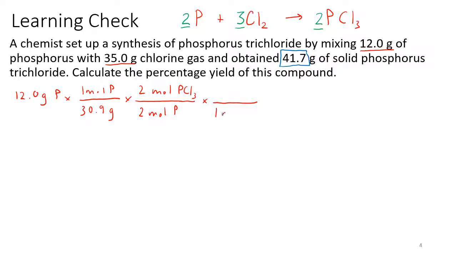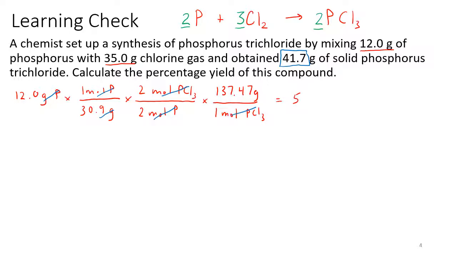And then moles back to grams: 1 mole of our PCl3, if we were to calculate the molar mass of that compound, is 137.47 grams. Our grams of phosphorus will cancel, our moles of phosphorus cancel, moles of PCl3 cancel, and we're left in grams of our phosphorus trichloride.